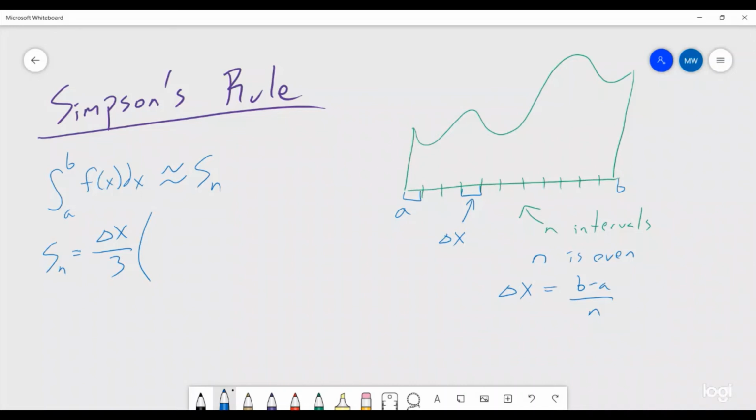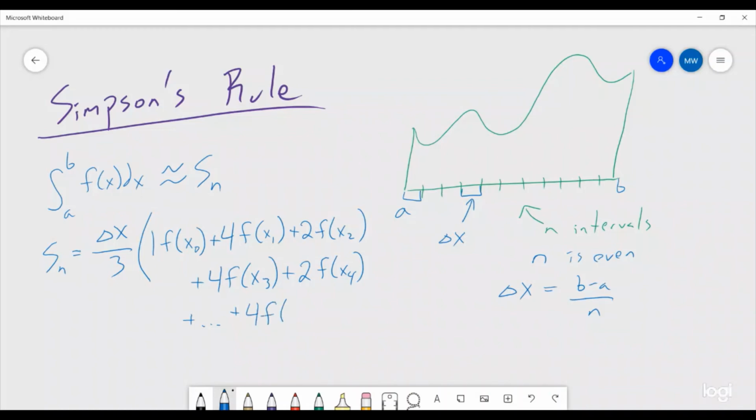So it's going to be 1 of f of x0 plus 4 f of x1 plus 2 f of x2 plus 4 f of x3 plus 2 f of x4 plus ... until we get to a plus 4 f of x sub n minus 1 plus 1 f of x sub n.